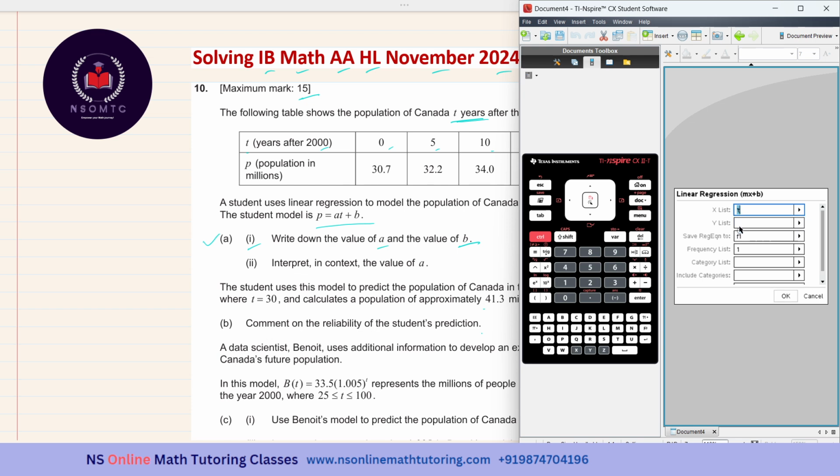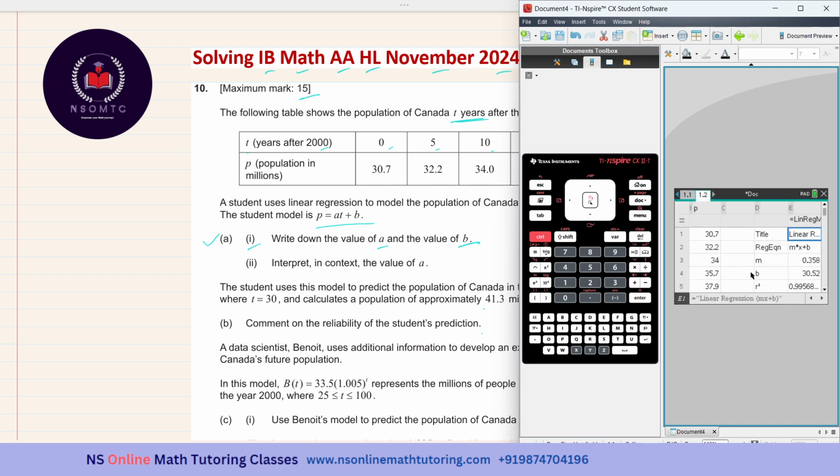So it is t for the x list, the independent variable, and this one is the P. So linear regression, it will be mx plus b. So m is the a value, and b is the b.